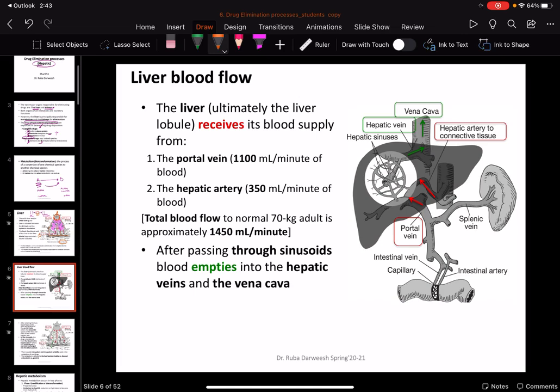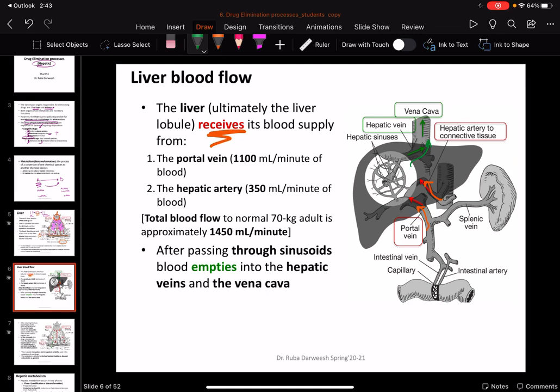Okay, the liver, as we said, receives the blood from the portal vein and the hepatic artery into the lobule that consists of sinusoids or sinuses, and then the blood will leave with the venous system into the hepatic vein and vena cava.